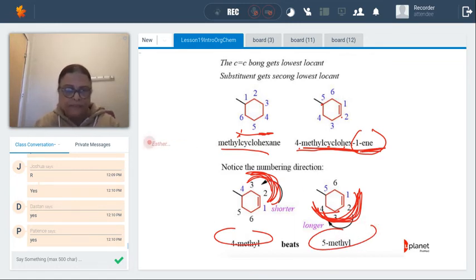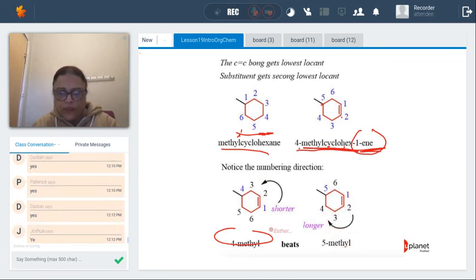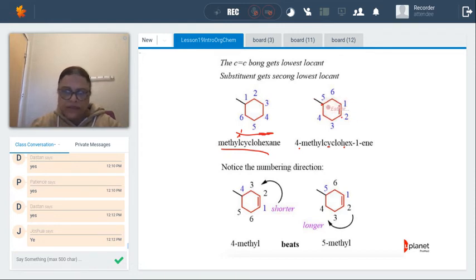Make sense? So always, always you must include the double bond, and you see that this is a mistake. You don't count like this. You count 1, 2, 3, 4, just like that.